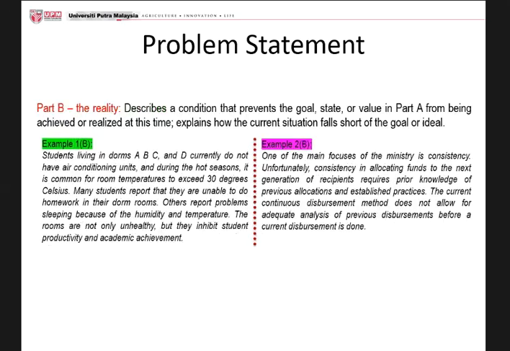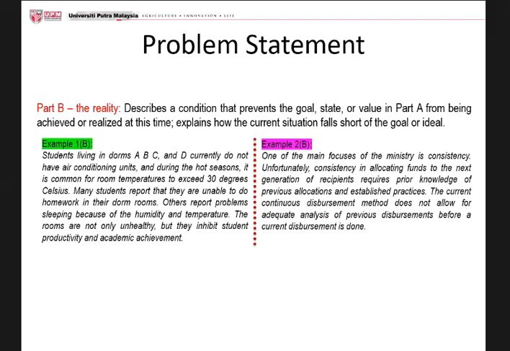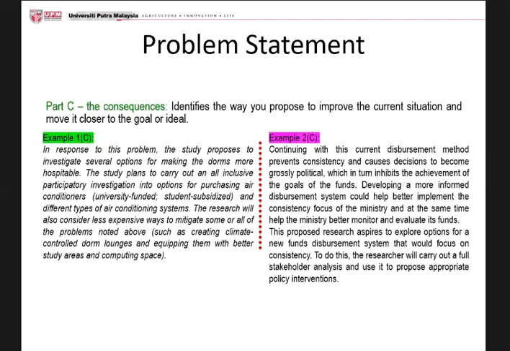I think if you write it, you don't have to write the ideal, the reality and the consequences separately. You just write it in three paragraphs, and it can be just one page, maybe with a graph.